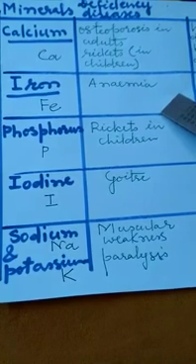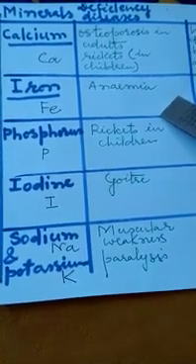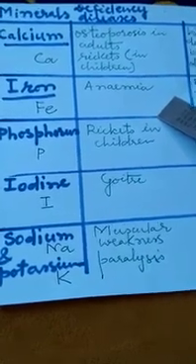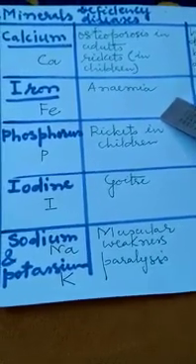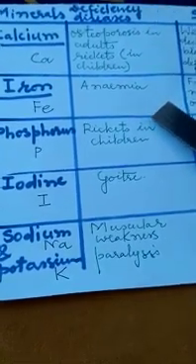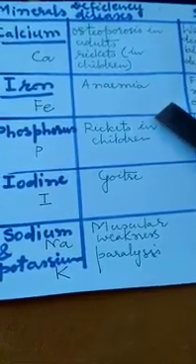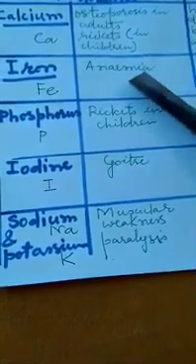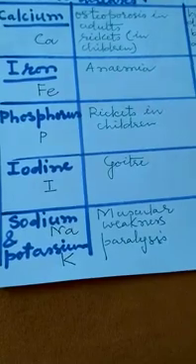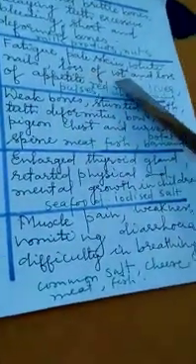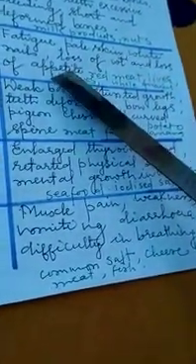So, anemia is a disease that is caused by the deficiency of iron, and its effect is reducing the oxygen carrying capacity of blood. Thus, the deficiency of iron in the diet causes anemia. The symptoms are fatigue, pale skin, white nails, loss of weight and loss of appetite.